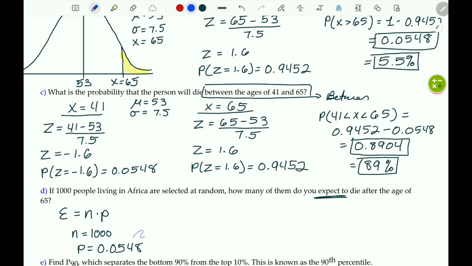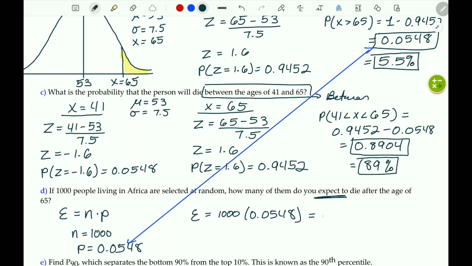Remember, we found this probability in part B. So to find the expected value, or the expected amount of people, let's multiply 1,000 times 0.0548. This is going to equal 54.8. Because this is people, let's round this value up to 55.